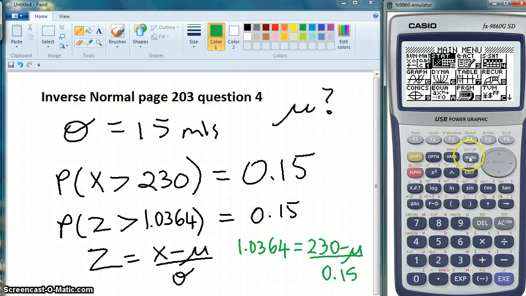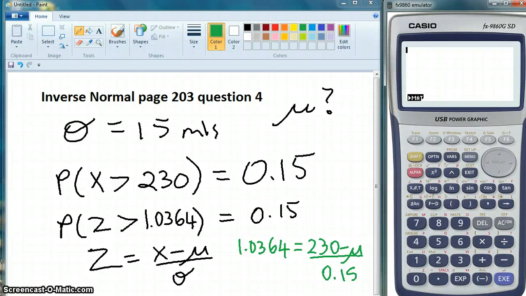So if you're algebraically competent or confident, you would know to go 1.0364 and then times by 0.15. Oh, I've got the wrong number. Thank you. So 1.0364.